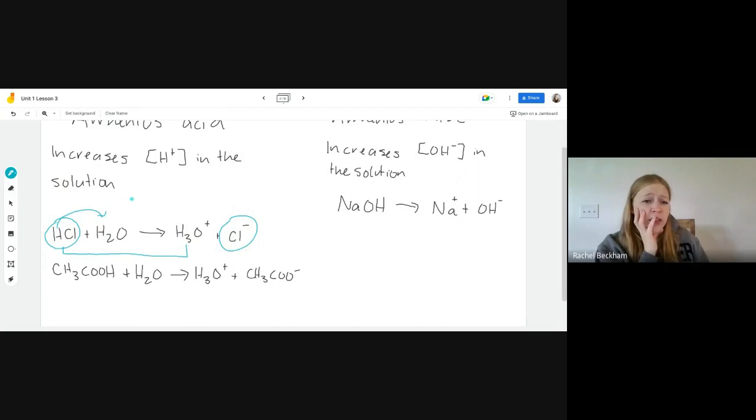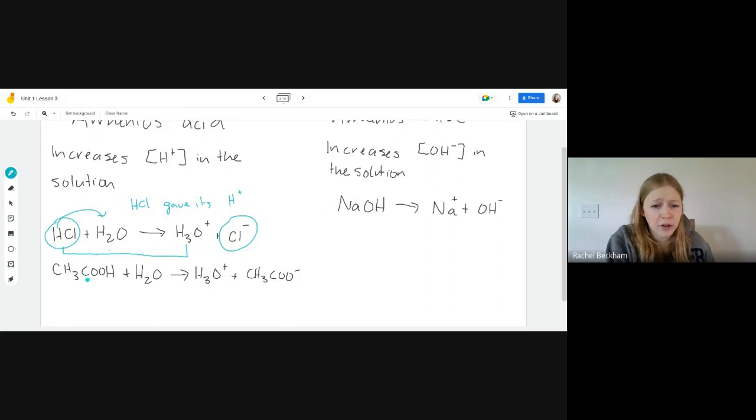So you can see that the HCl gave its H+ away, which is why the water now has an H3O+ rather than H2O, because the water accepted it. So the HCl increased the H+ concentration in the solution, right? And so we know that that is going to be the acid in this scenario.